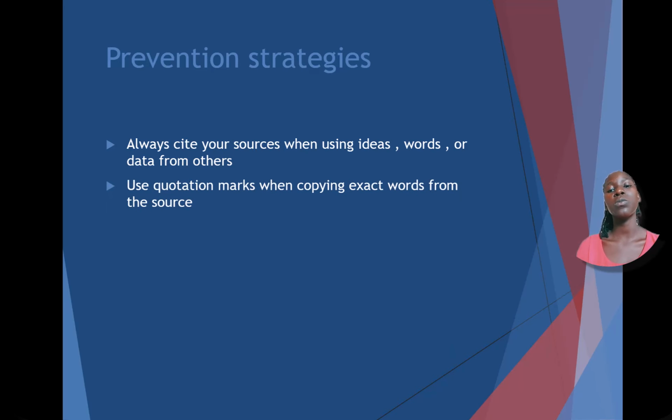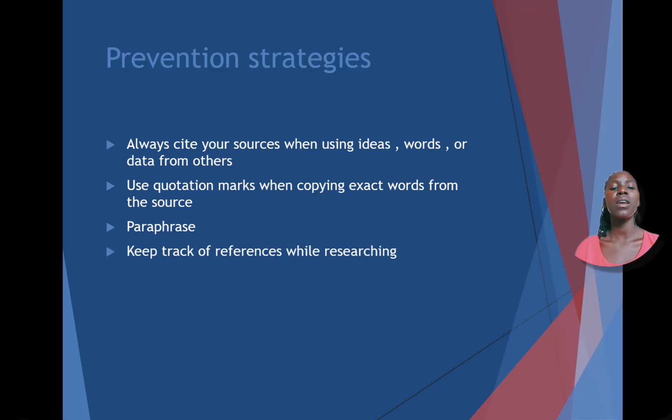Use quotation marks when copying exact words from the source. You put the words in quotes, showing that you have appreciated the author who wrote that work. Or, rather than copying, paraphrase: you get an idea from the other work and you write your own.